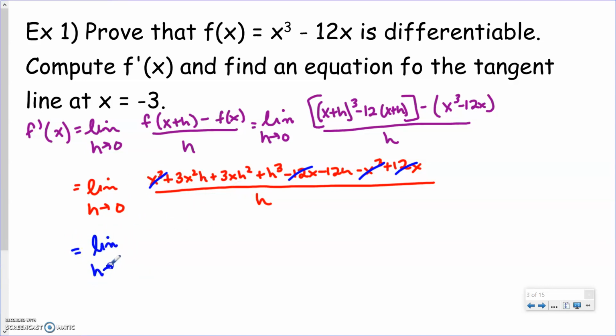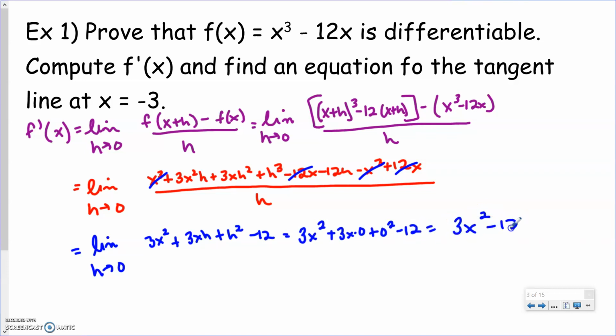I have the limit as h approaches 0 of 3x squared plus 3xh plus h squared minus 12. Notice I canceled an h out of each of those terms, and I can plug in 0. So I get 3x squared plus 3x times 0 plus 0 squared minus 12. So my derivative is 3x squared minus 12.